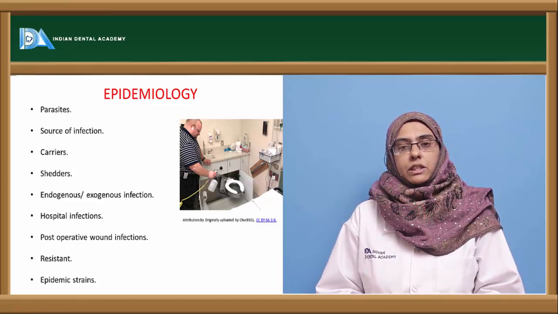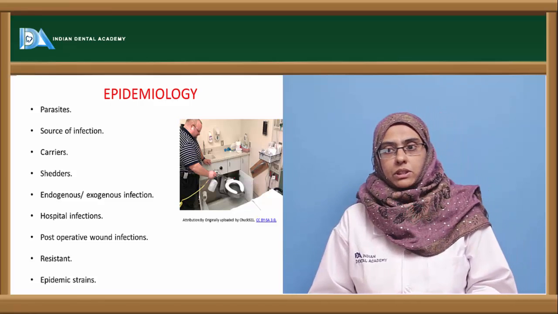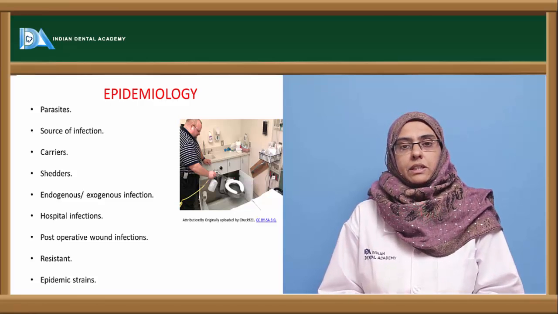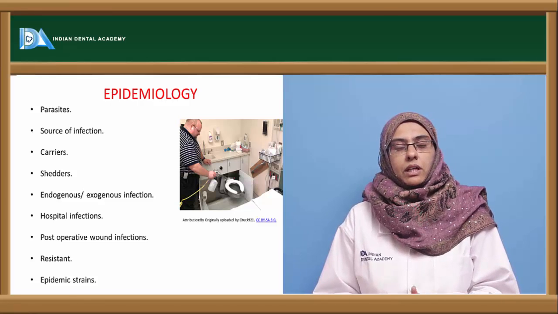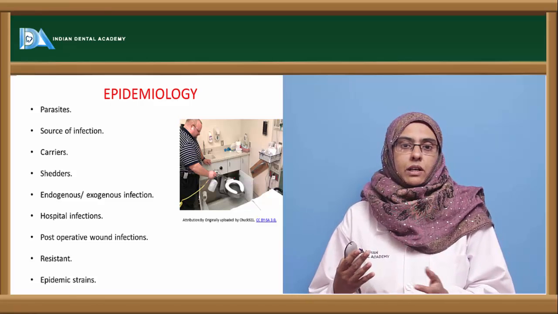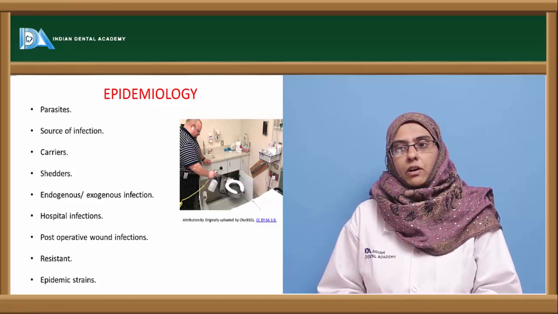Next is the epidemiology, how this organism spreads and is transmitted. This organism is usually a common parasite present in the body, and the source of infection is humans, either through direct contact or use of fomites or other material that has been contaminated with the organism.